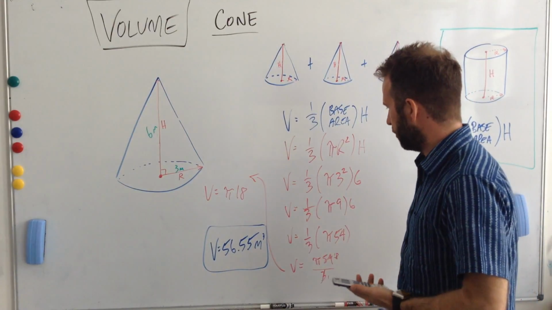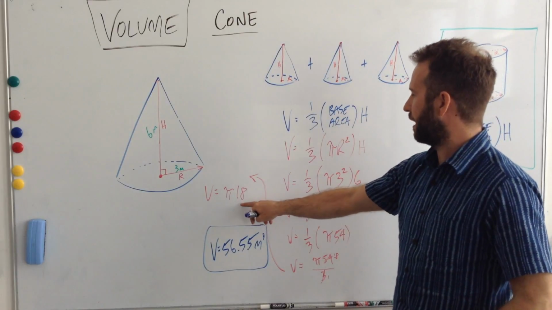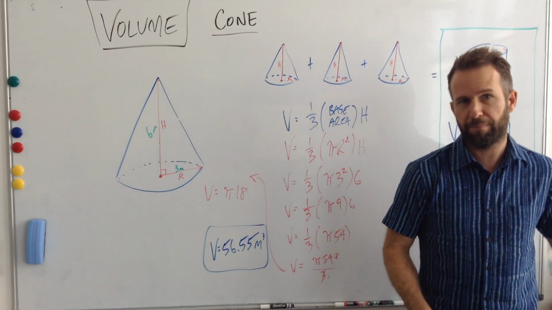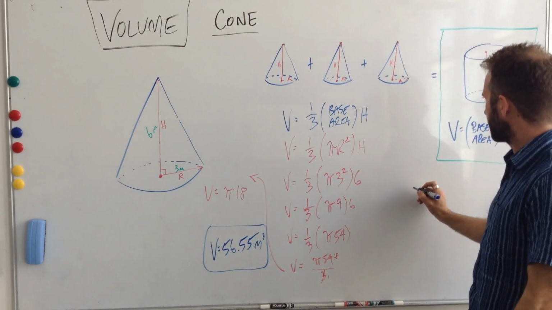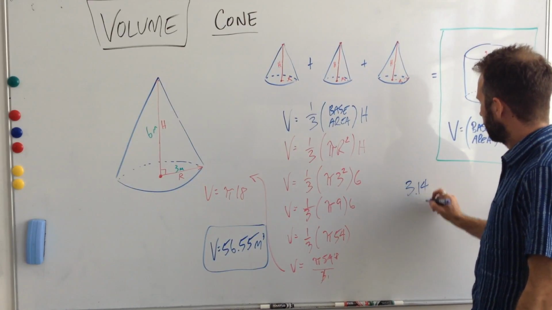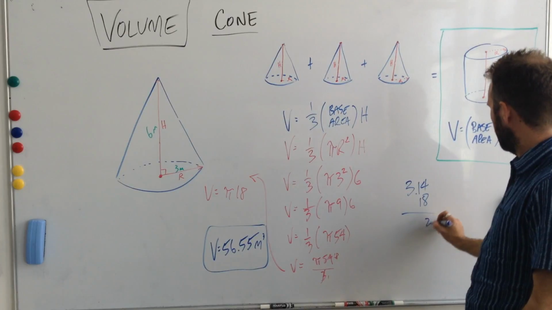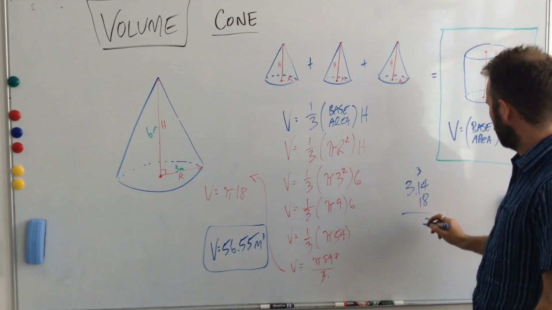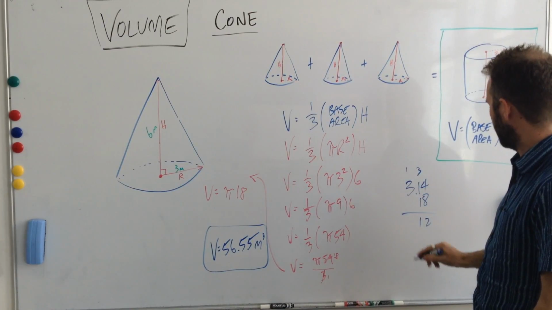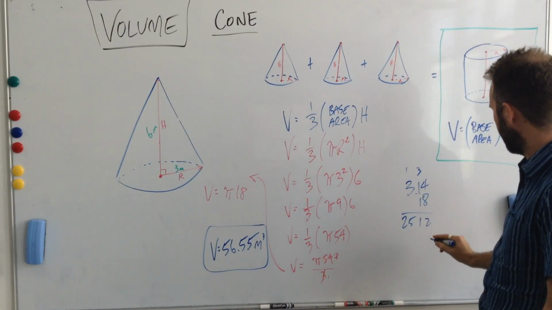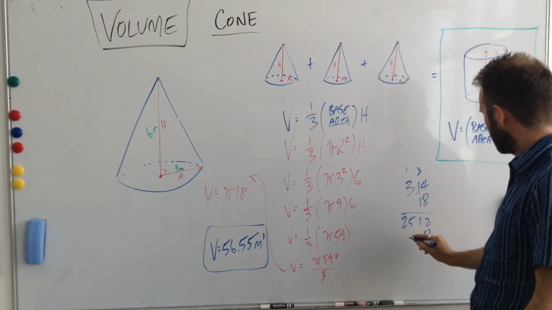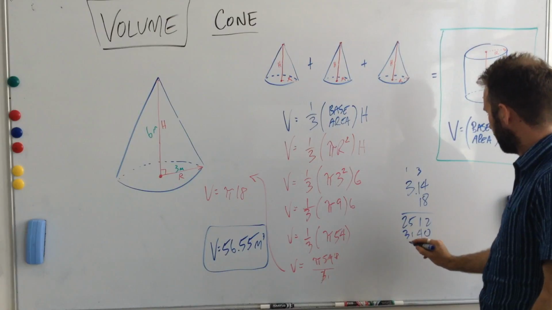Now, if I was to do a non-calculator version, I would have to say 18 multiplied by pi. So over on the side here, I would use 3.14, and I would multiply it by 18. So that's going to be 32, that's going to be 11, and that's going to be 25. And of course, this is going to be 314.